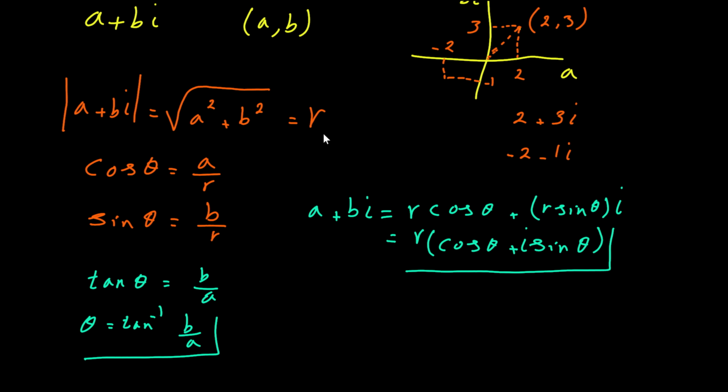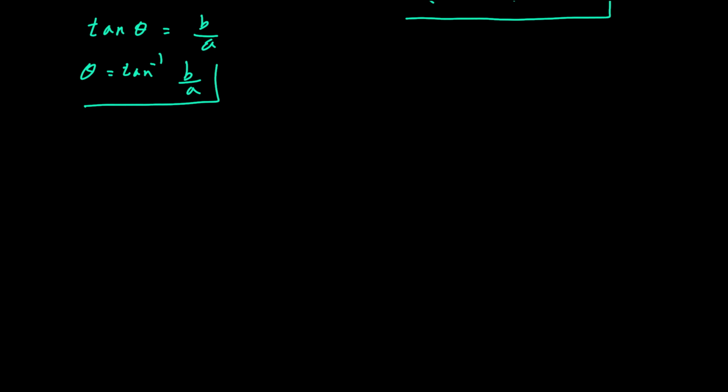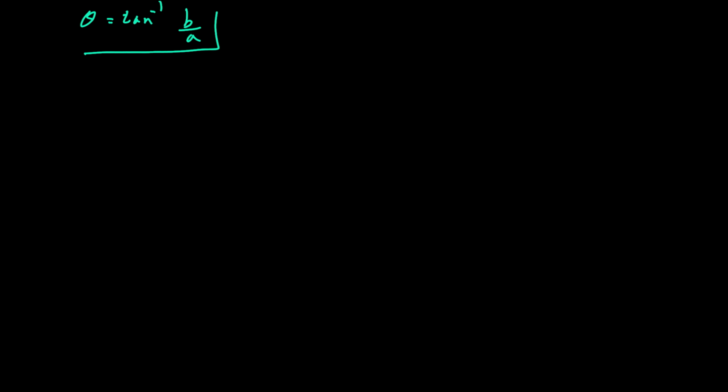So the two important parameters that I need to find are r, which is the modulus or the length, and the angle, which I get from the tangent inverse of b over a. Then I plug into the equation for the polar form, r multiplied by cosine of theta plus i sine of theta. Now let's go ahead and do one example and see how we can solve it.